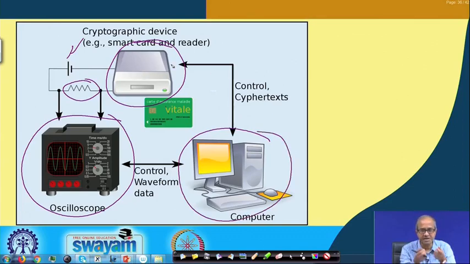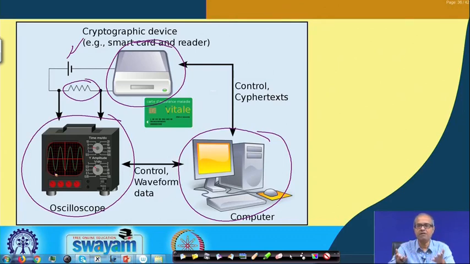Usually the smart card reader is connected to a computer system, okay, and the storage oscilloscope will be capturing the data, storing it, and then transferring that file to a computer system for offline processing. This is how it typically works.